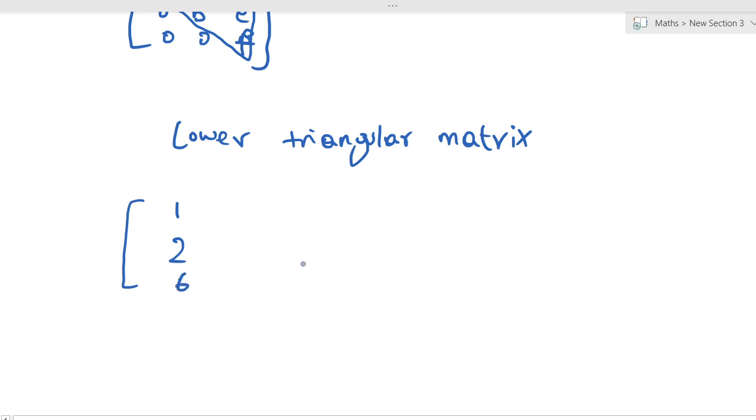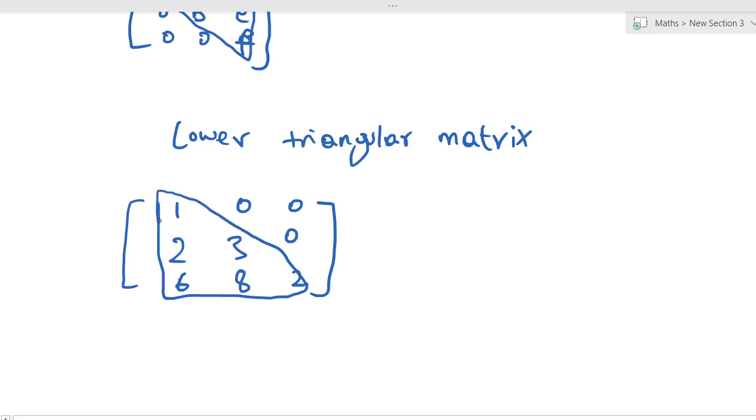I am taking the example given in your textbook. If you see, there's a triangle that has been formed here. So in the lower triangle, all the elements are not equal to 0. All the elements above the triangle are zeros. So this is how the upper and lower triangular matrices are formed.